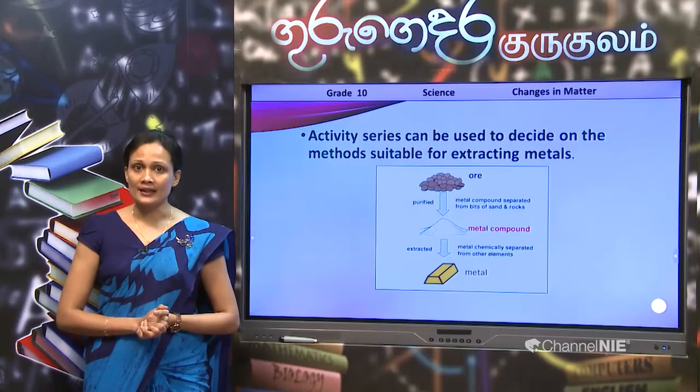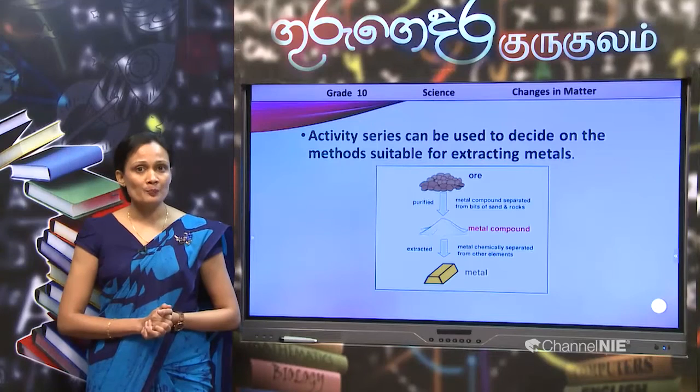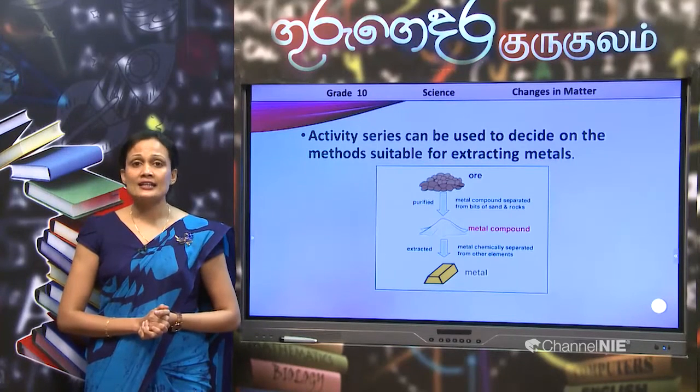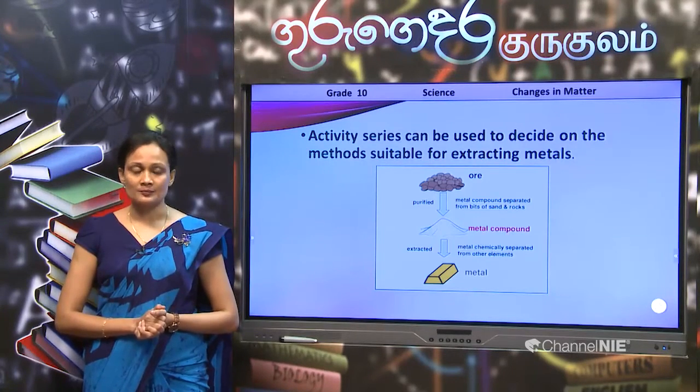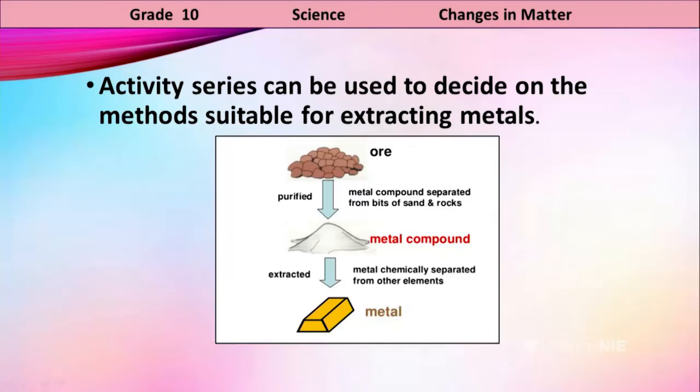So we can find metallic compounds as ores in different places on the earth. If we get a metallic ore, we can purify it by separating the sand or rocks present in it. After that, we can obtain the metal compound.